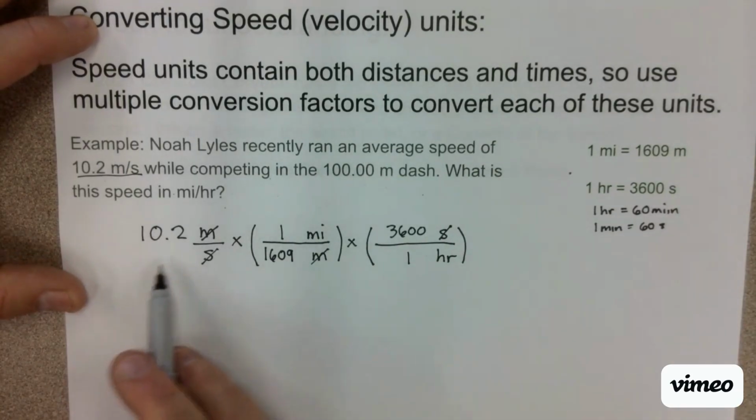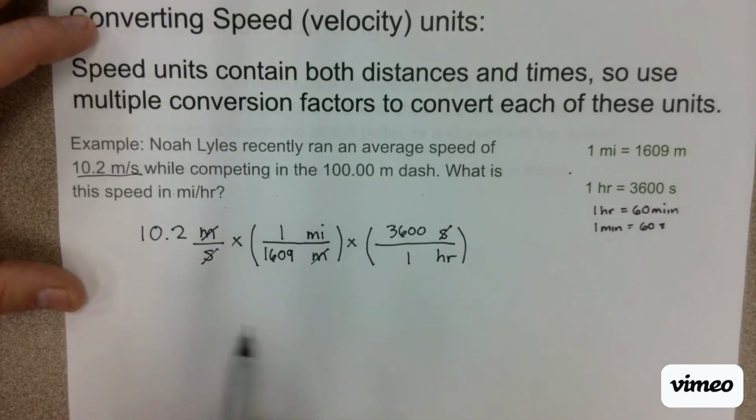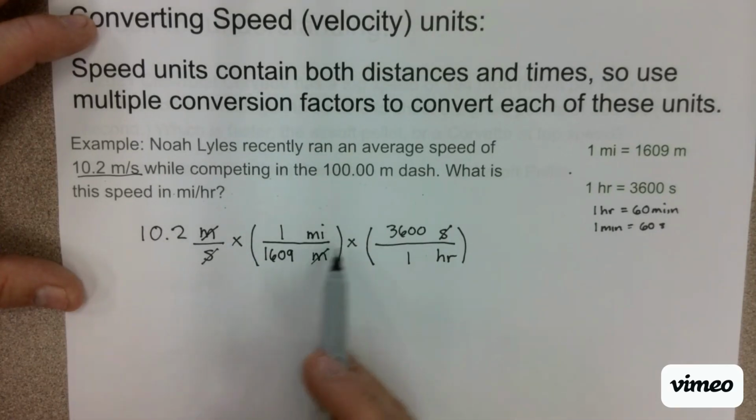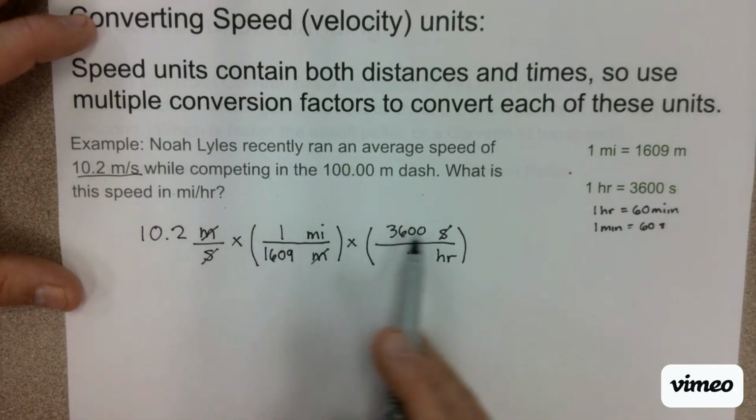Okay, so now that I have my unit conversion set up properly, I'm basically going to multiply everything that's on top, and I'm going to divide by everything that's on the bottom. Or you could go 10.2 divided by 1609, multiplied by 3600. You can do it in whatever order you want. Just realize anything that's on top gets multiplied, and you divide by anything on the bottom.